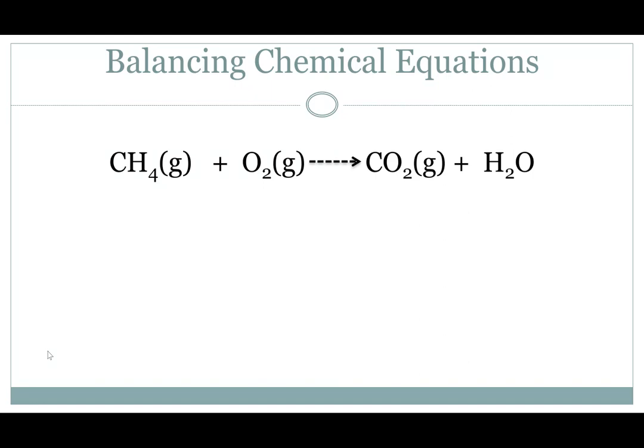An application for us that might be helpful is atoms are neither created nor destroyed during a chemical reaction. So when we are looking at chemical equations, it's going to be our job as chemists to predict, well, how many of each particle do we need to react together, and how many of each particle is produced during this chemical reaction. And how do we know how many of each?